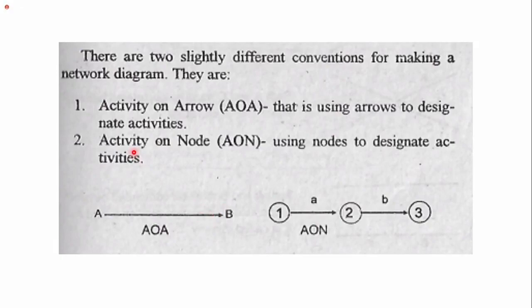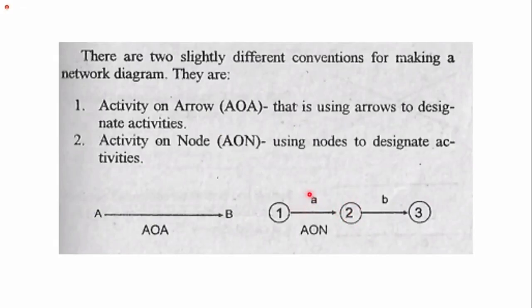Another convention is activity on node, using nodes to designate activities. So if you use nodes to designate activities, we shall say activity 1 to 2. So ang node ang atong gamiton. These numbers are called events. So this is event 1 and event 2, the starting event and the end event.